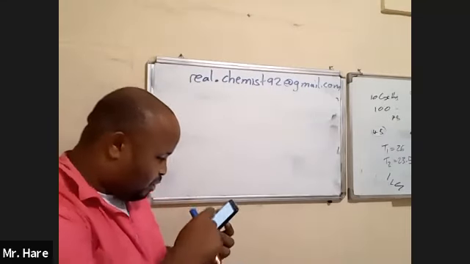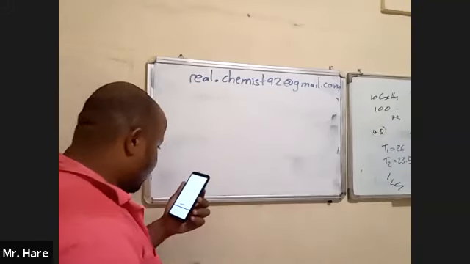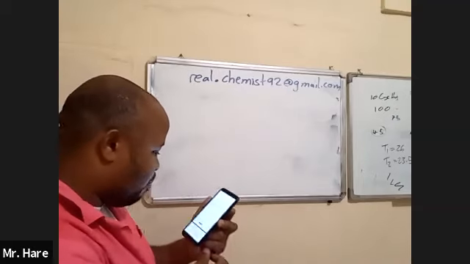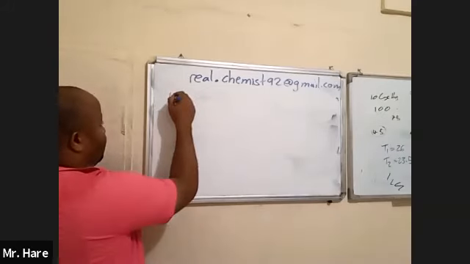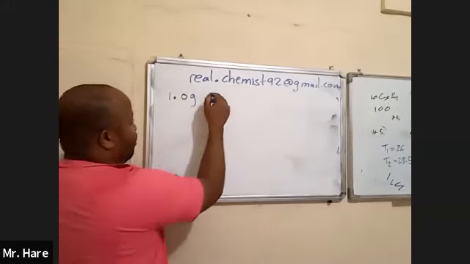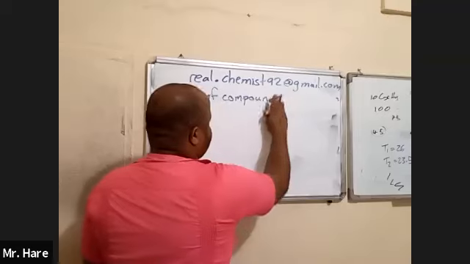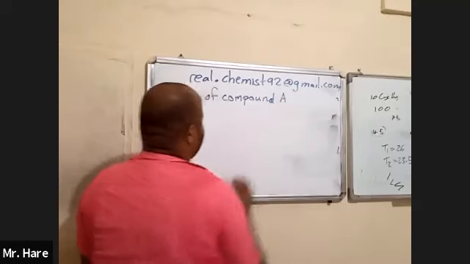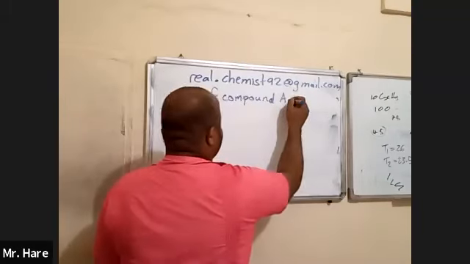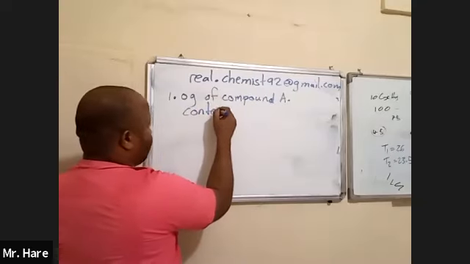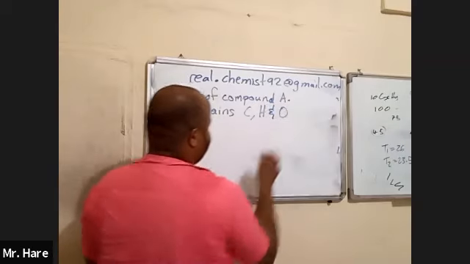All right, so here we have a combustion analysis question. It says an analysis of 1 gram of compound A. So we have 1 gram of compound A, and it contains carbon, hydrogen, and oxygen.